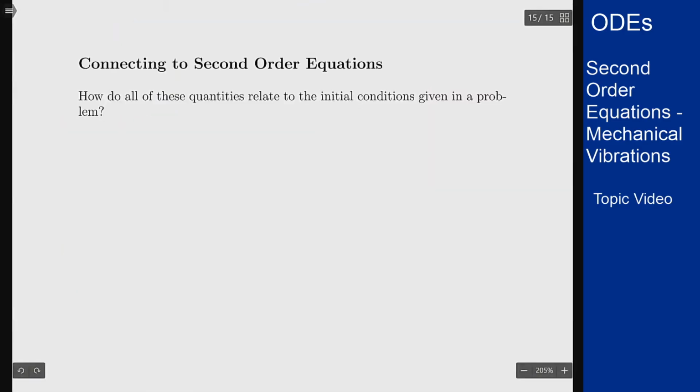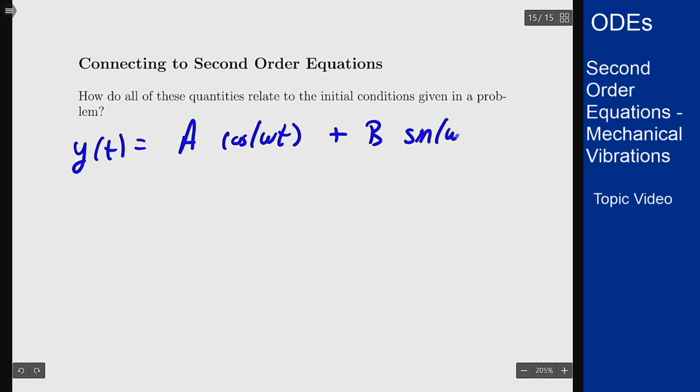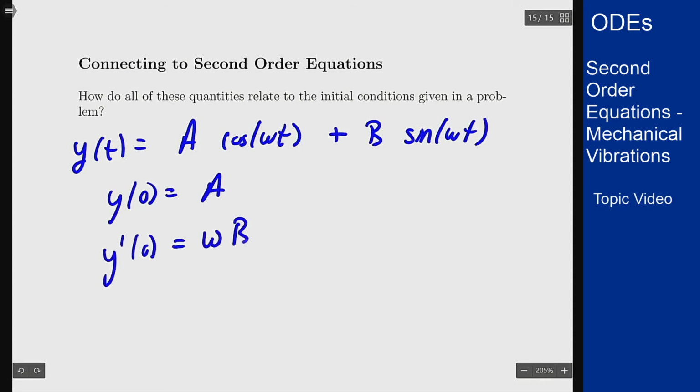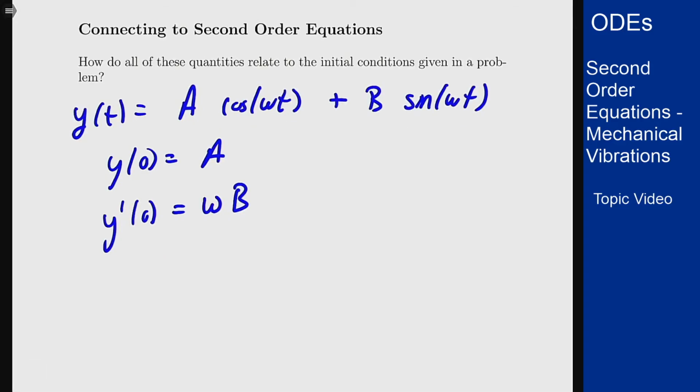If I have my solution of the form a cosine of omega t plus b sine of omega t, we can see that y of 0 is just a, and y prime of 0 will be omega times b. So basically, I can get a and b from the two initial conditions: y of 0, and then y prime of 0 over omega, and then r is determined from a and b.